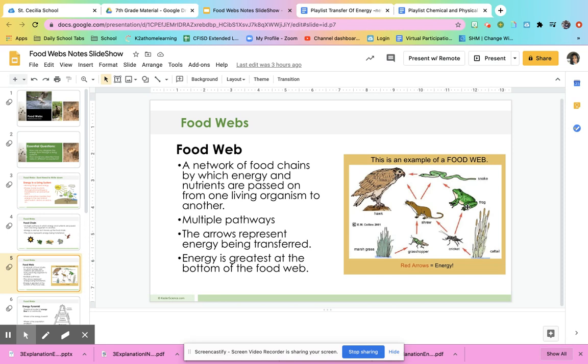That's why when you guys were making your food web in the lab, I told you guys that you needed to usually have the producers at the bottom. But if you didn't have the producers at the bottom, I didn't take off because that was your first time doing it. So here you see that the marsh grass and the cattails are at the bottom, because those are your producers and they have the most energy. And then you have your apex predator at the top.